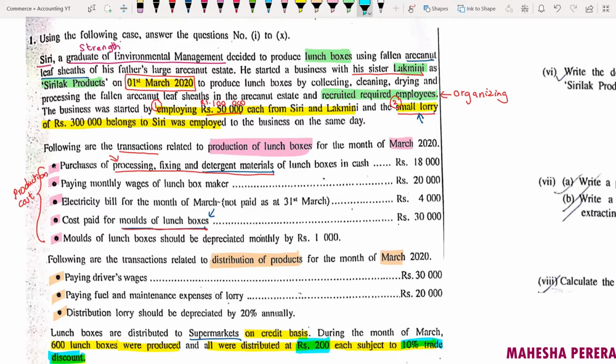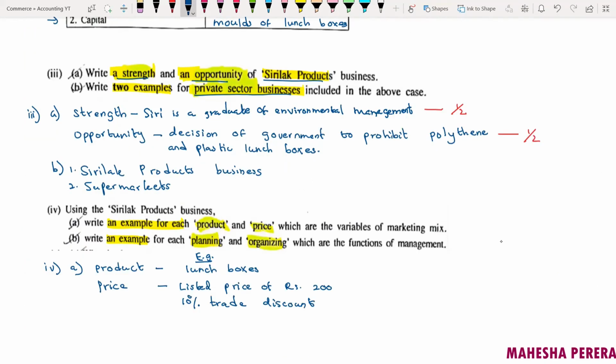Listed price 200 rupees. And also you can write as another example 10% trade discount. Now, do you remember two instruments under price are the listed price and the discounts, right? So I just wrote two examples. You can write the trade discount or the listed price, the price of the product, right?